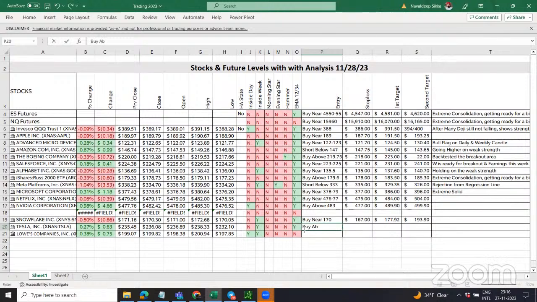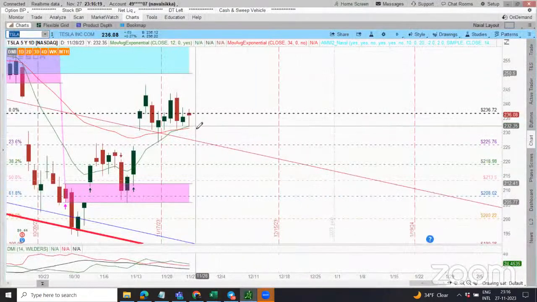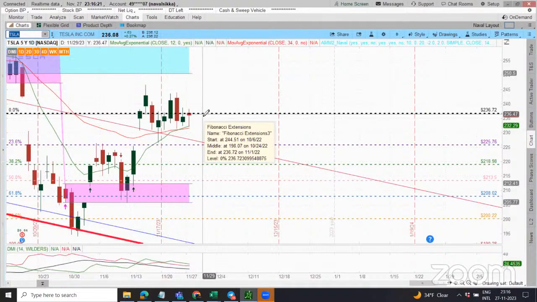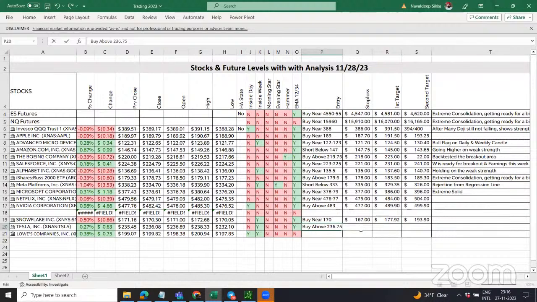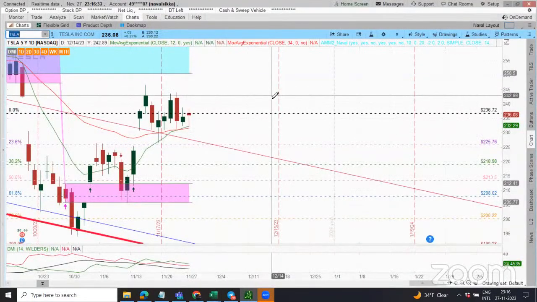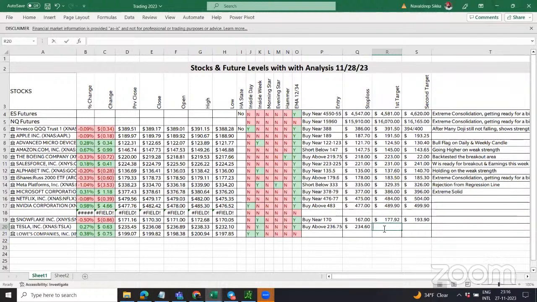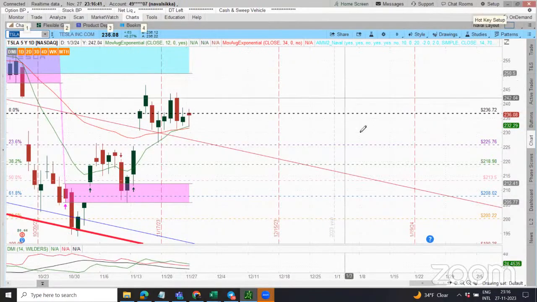buy above 236.75. That's my stop loss. 234.60 and target is 243, 248.80 and then 247.